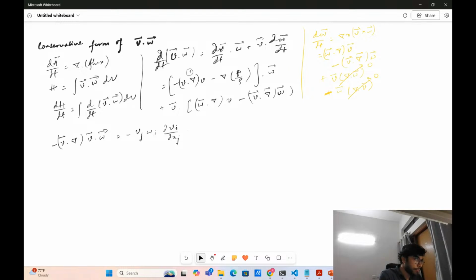And the other term, so this is the first, and this is the third term. If we expand the third term, that will become V dot omega dot del V. So here there is an omega dot del, which means the omega and del indices will be the same: Vi omega j del xj of Vi.